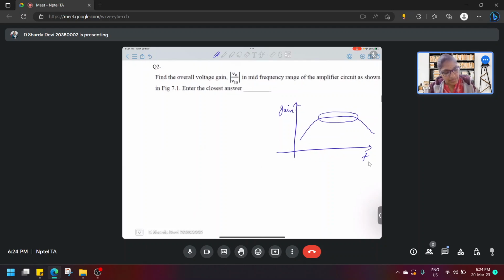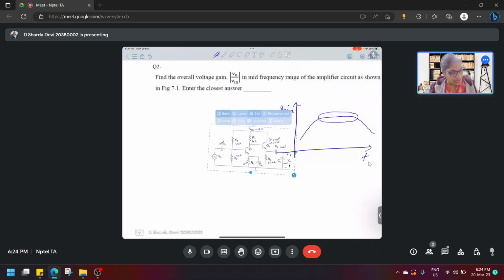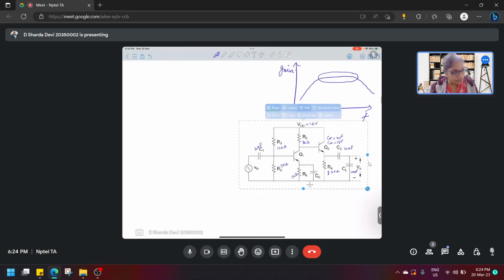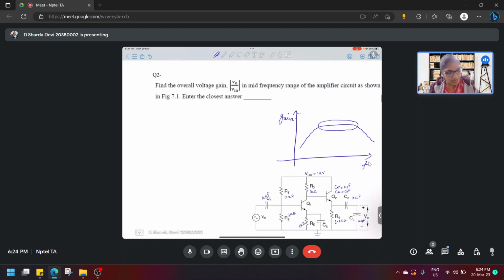So how do we find the gain? Since it is a multi-stage amplifier, we have two stages, so two gains will come into the picture: gain from stage 1 multiplied by gain from stage 2. Is this it?